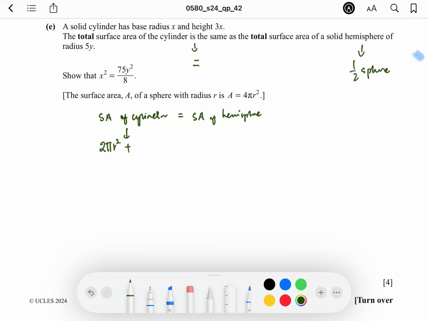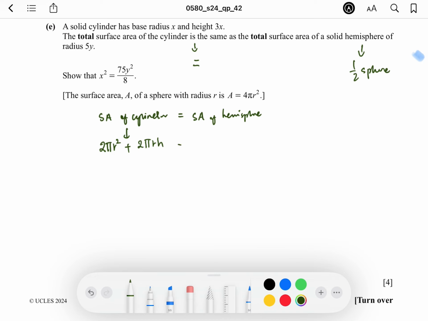So length dia punya curve ni, kalau curve ni dibuka, ia jadi rectangle where the length sini is actually the circumference of the circle. Circumference of the circle is 2 pi r. So kalau dibuka, so 2 pi r times by height. Nampak kamu? Bagus. Bagus. Improving.